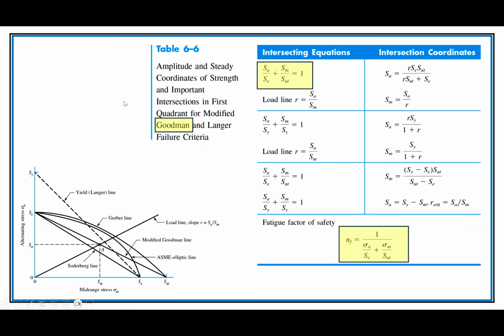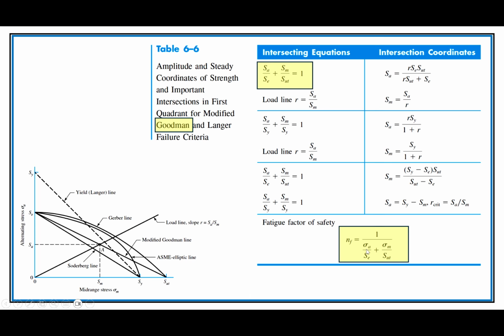In the 10th and earlier editions, the equations for the associated safety factors are in these tables. For some reason, they're buried in here. But the first one that I'm pointing out in 6.6 is for the Goodman safety factor. You're taking 1 over the addition of these ratios.